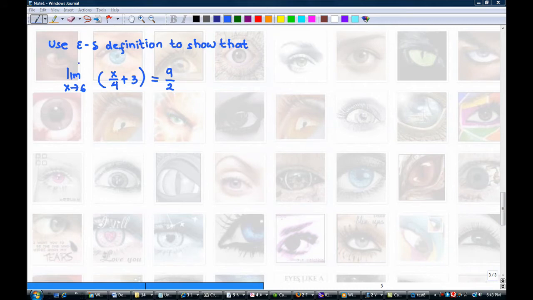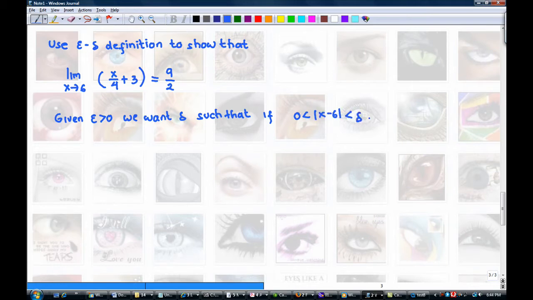So, according to the epsilon delta definition, given epsilon positive, we want delta such that if x minus 6 is positive and less than delta, then this guy, x over 4 plus 3, is within epsilon from 9/2.